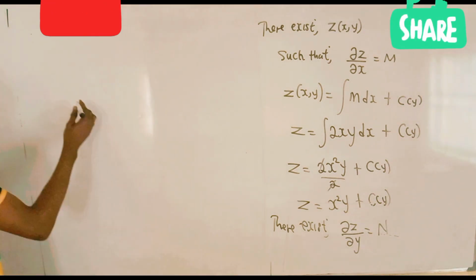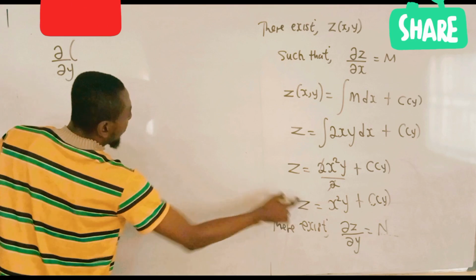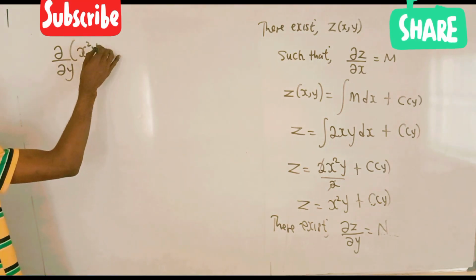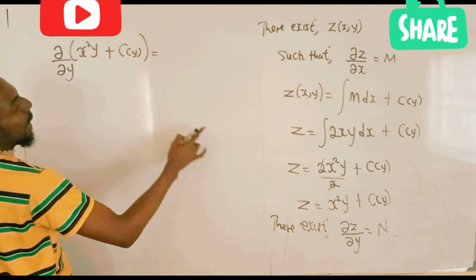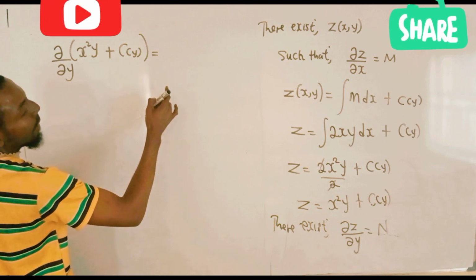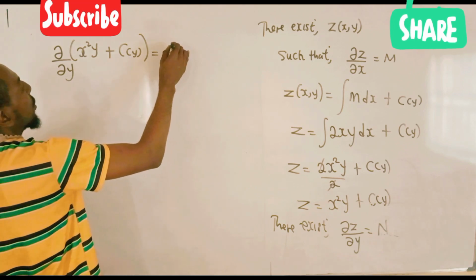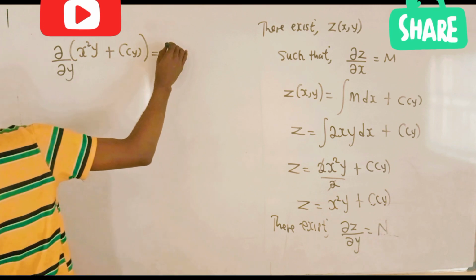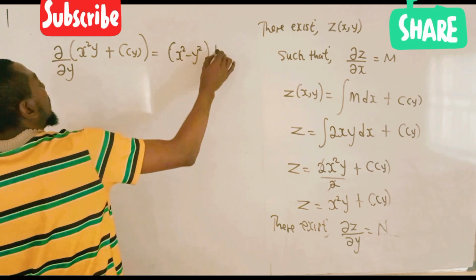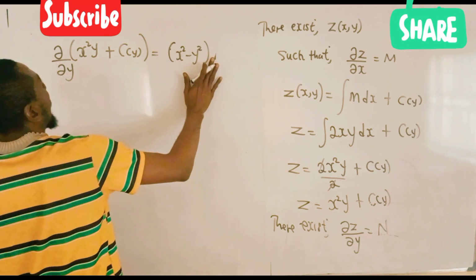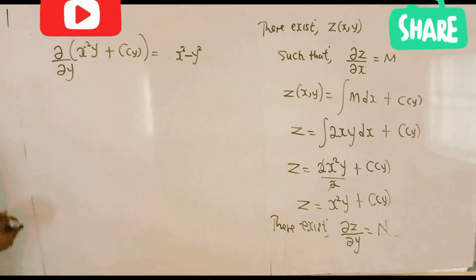So we have the partial derivative with respect to y of z, where z is equal to x squared y plus c of y, equal to N. Our N is equal to x squared minus y squared.